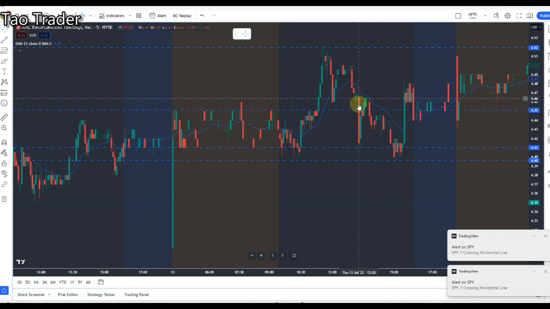Now let's say you break out of this support line. Now we're in this next range. Now that support becomes resistance. Vice versa. When you get outside of resistance into the next range, that resistance becomes support. Old support becomes new resistance. Old resistance becomes new support.